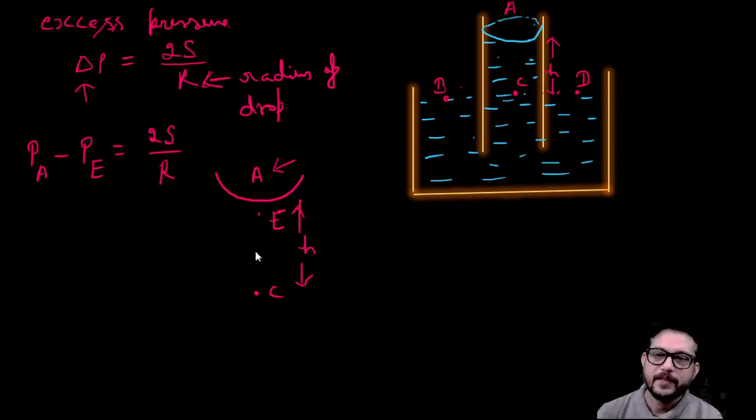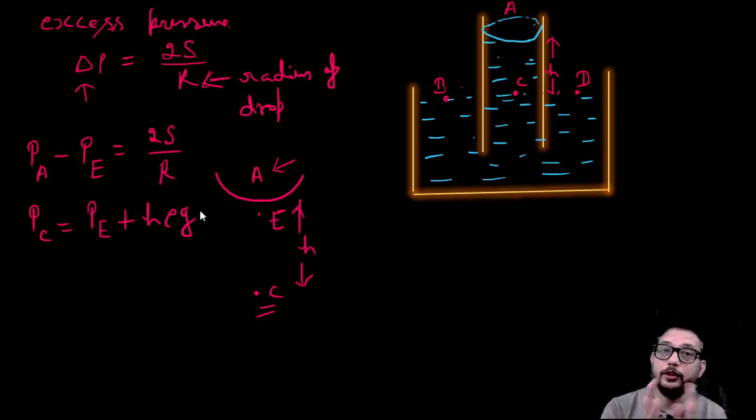Now one more thing: if we have to calculate the pressure at point C, that will be nothing but pressure at point E plus h rho g, because we know that as the depth increases, the pressure also increases. So from the point E, the point C is h height below. So the pressure at point C will be equal to pressure at point E plus h rho g.